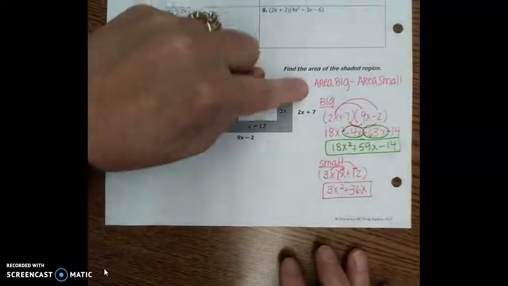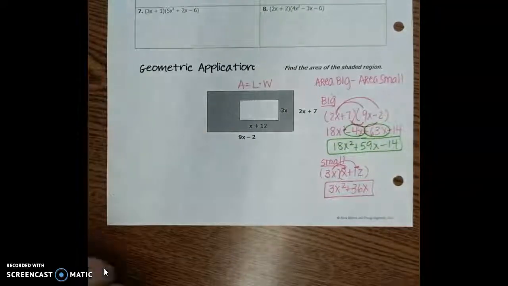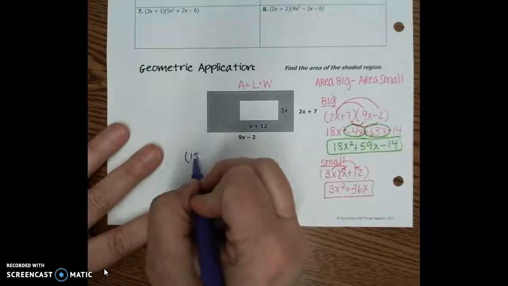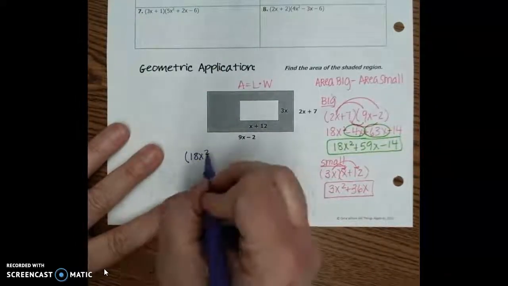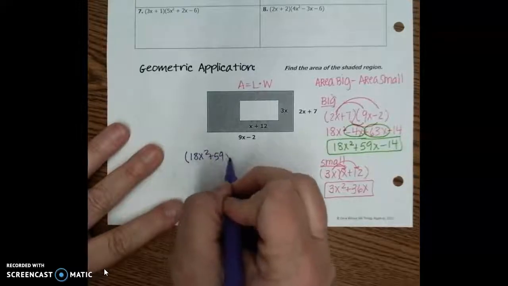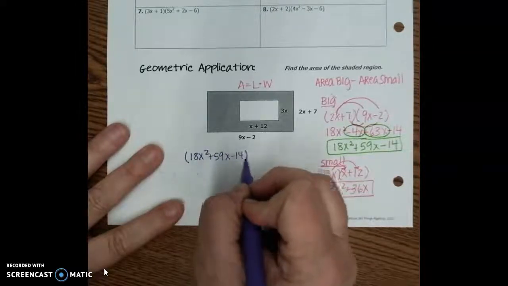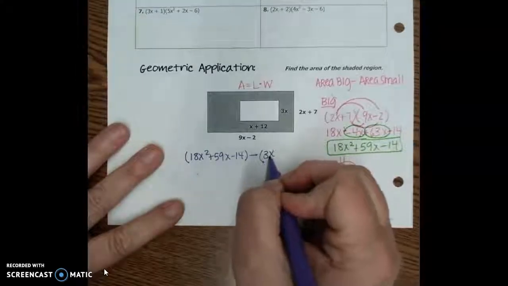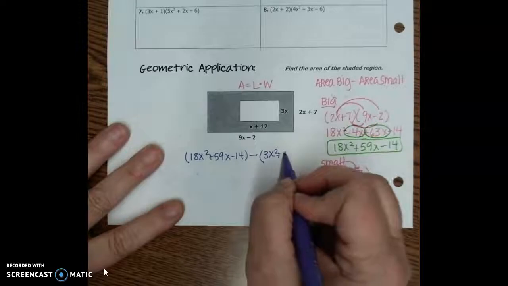And we said when we began, we want the area of the big minus the area of the small. So we have the area of the big, 18x squared plus 59x minus 14. I want all of that minus all of this: 3x squared, the small, plus 36x.